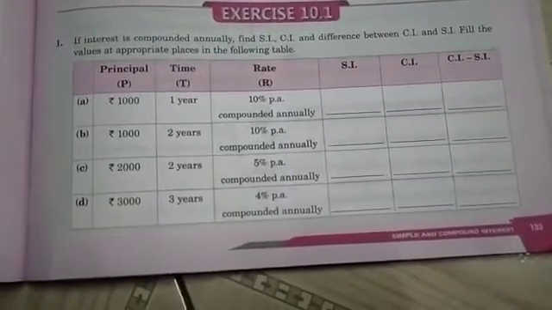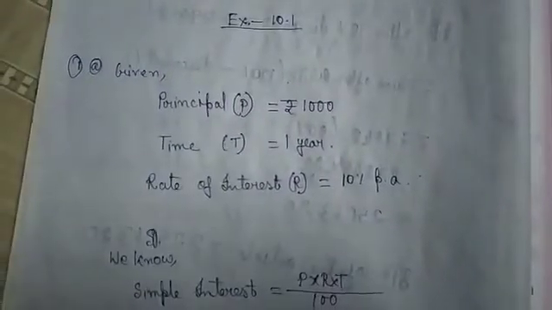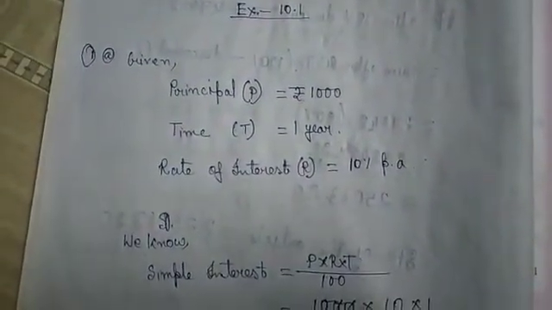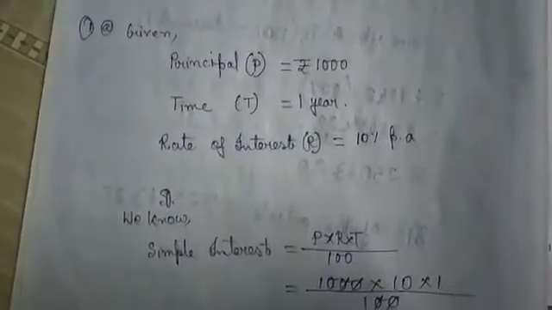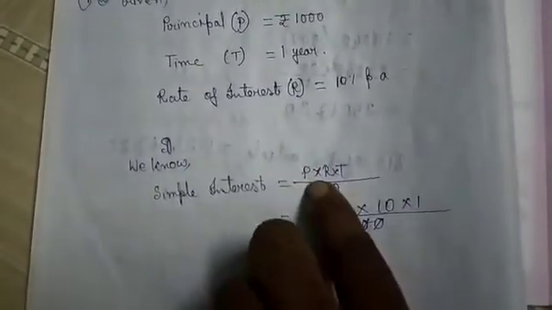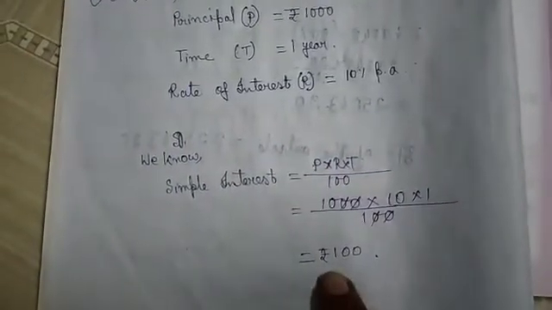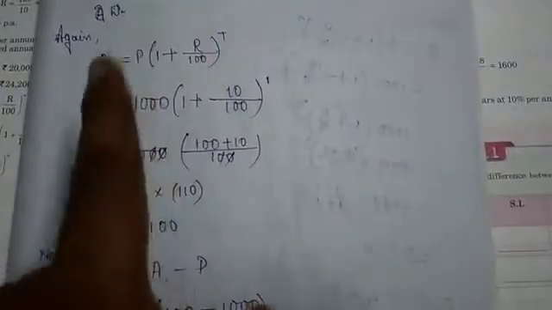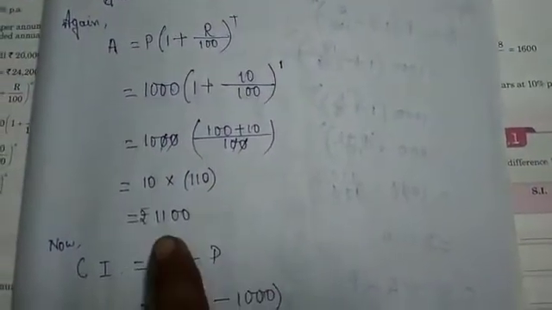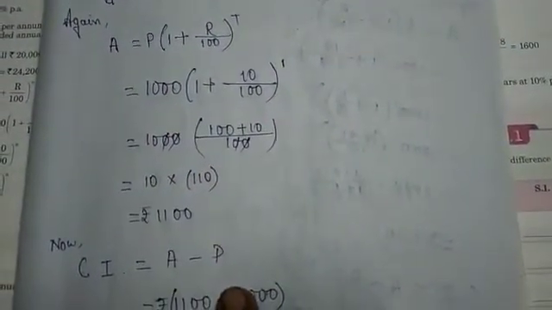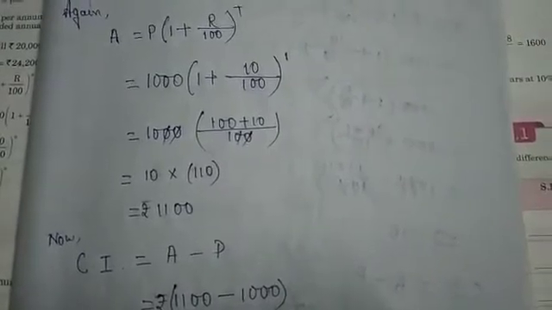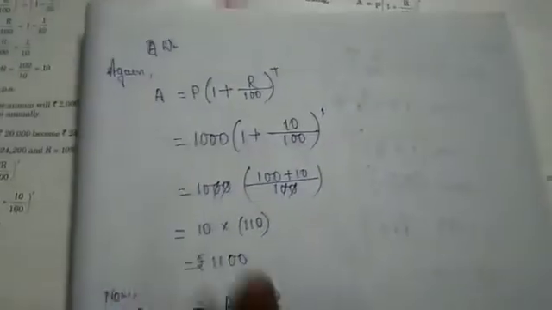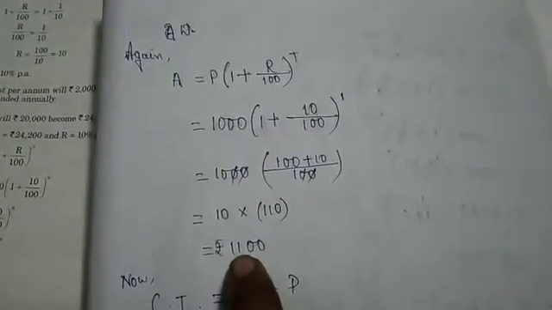In the first case, principal is 1000, time is given as 1 year, and rate of interest is 10%. So you will be using the formula P into R into T, which gives rupees 100. Simple interest is rupees 100 after cancellation and calculation. In case of compound interest, the amount is given as 1100.